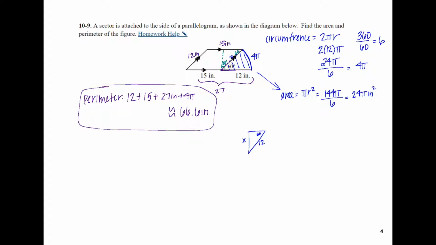So if I do 60, I'm working with the sine. This side is opposite, so the sine of 60 degrees equals my opposite side over my hypotenuse. The inverse of division is multiplication.